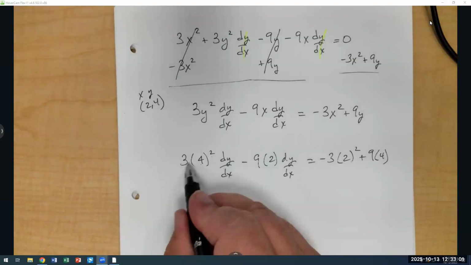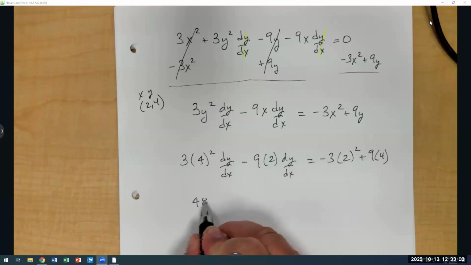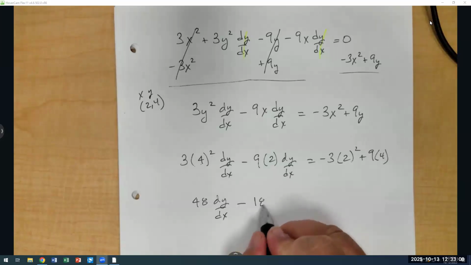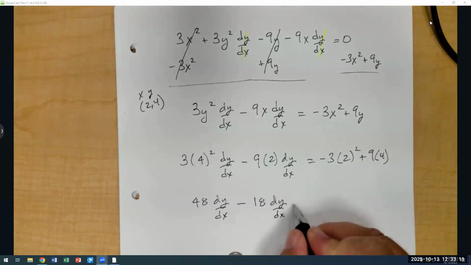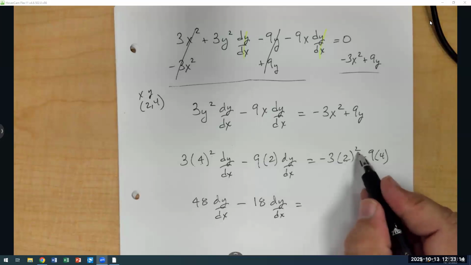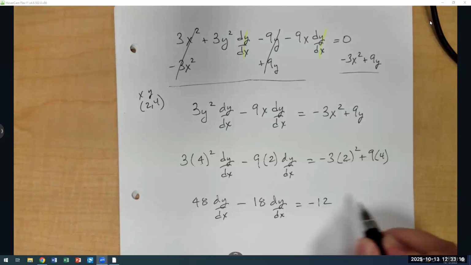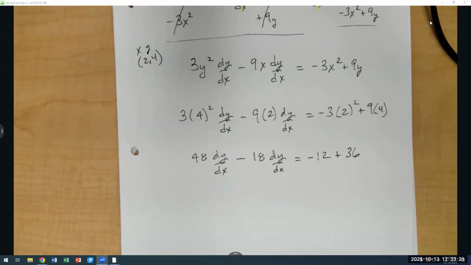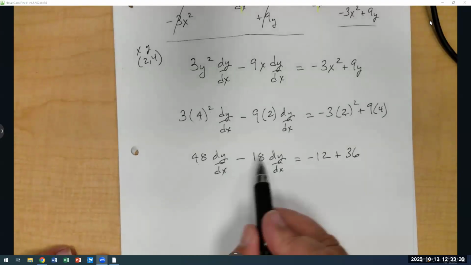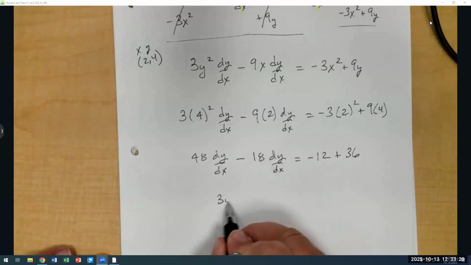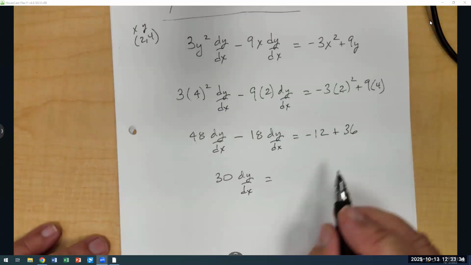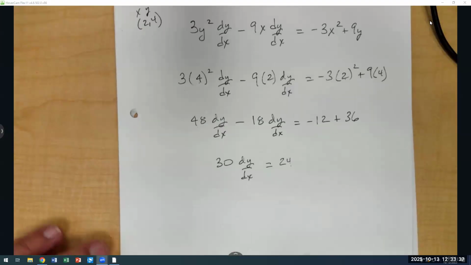4 squared is 16, 3 times 16 is 48 dy/dx. 9 times 2 is 18 dy/dx. 2 squared is 4 times negative 3 is negative 12. 9 times 4 is 36. 48 minus 18 is 30 dy/dx. 36 minus 12 is 24.